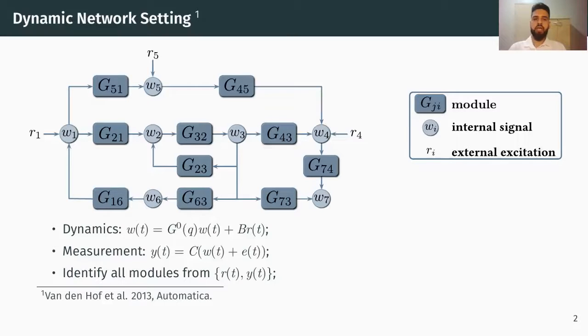The output Y of the network is affected by measurement noise E, and only some node signals can be measured. Our objective is to estimate all modules in the best way possible from input-output data. In this work, we are interested in deciding which selection of input-output data would optimize a measure of the covariance matrix of the parameter estimates.